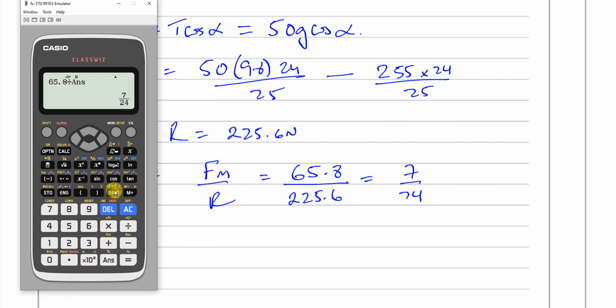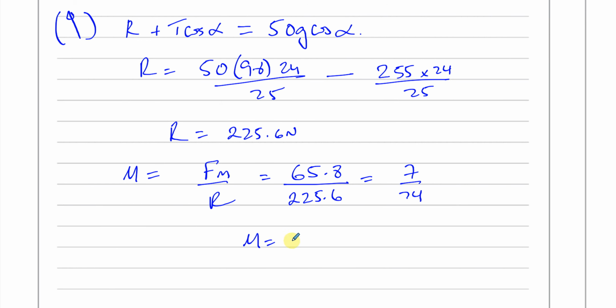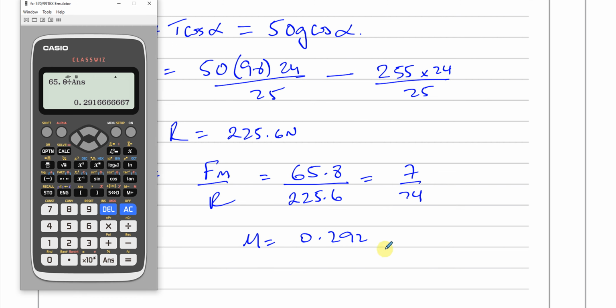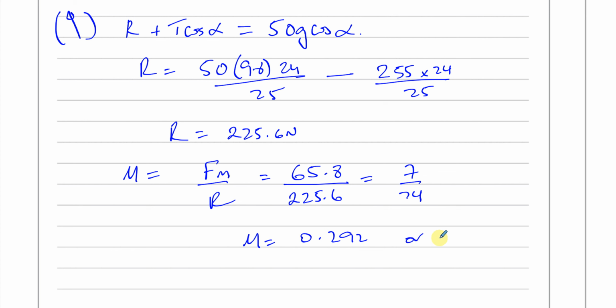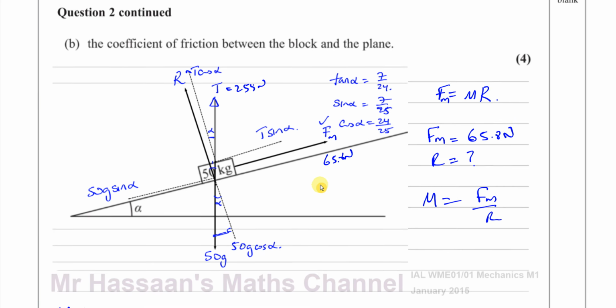We could also write it to 2SF or 3SF. So we could say mu is equal to 0.292, or we can write it as 0.29, or we can leave it as a fraction. All of these are acceptable answers. You can have it 2SF, 3SF, as a fraction, that's fine. All three are acceptable answers in this type of question, and that's part B done.